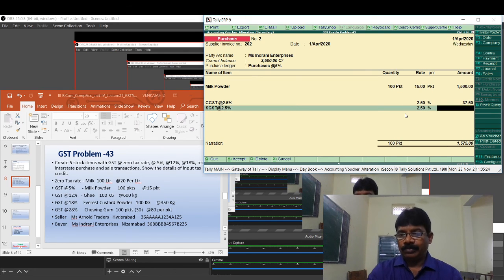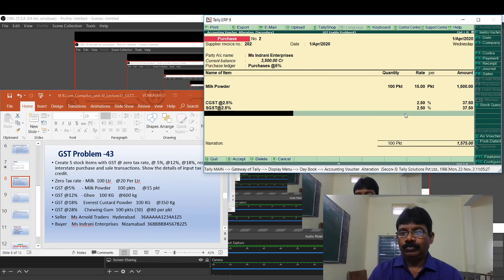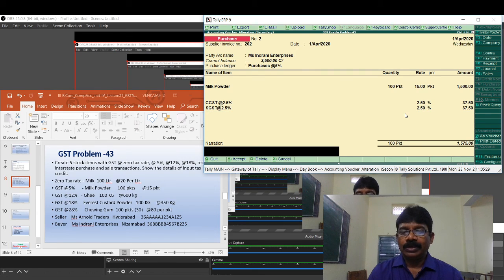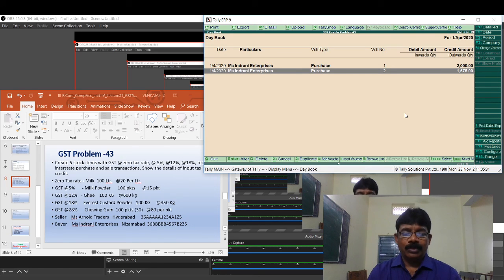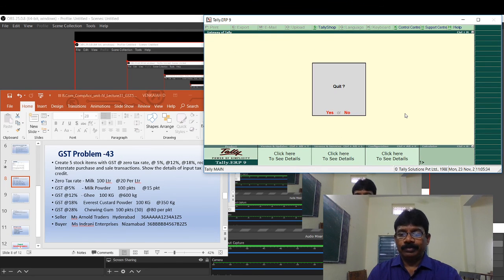That is the method. Means IGST, CGST, we have to enable them at that point.